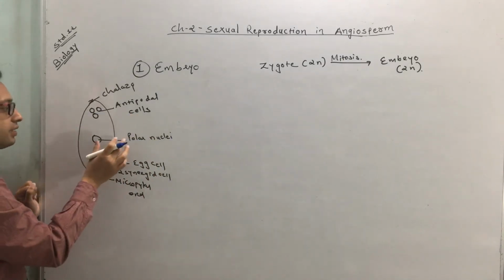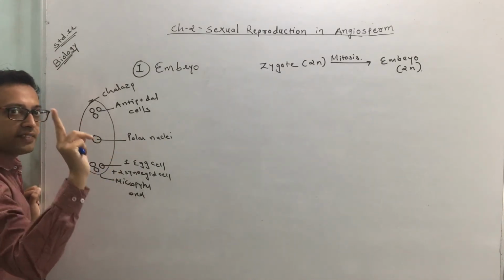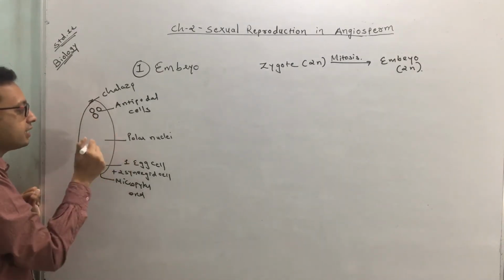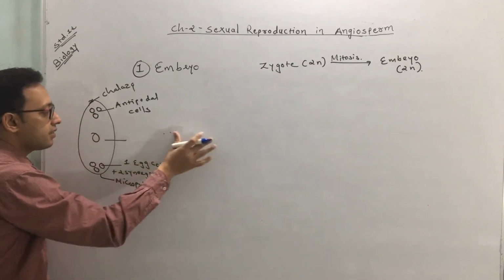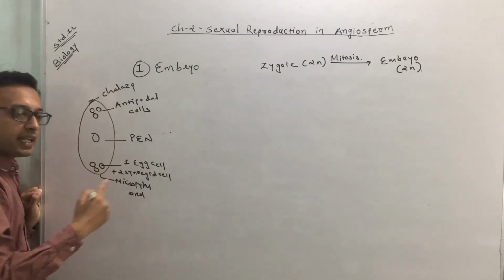Now you know that the polar nuclei fuse with a male gamete. Two male gametes are there, and they fertilize two times, so that's why we call it double fertilization. The polar nuclei get converted into the PEN by fusion of polar nuclei and a male gamete.